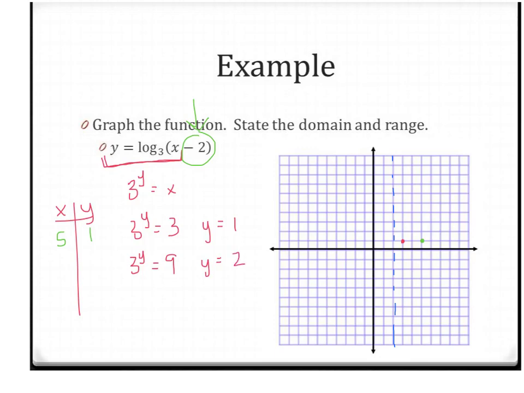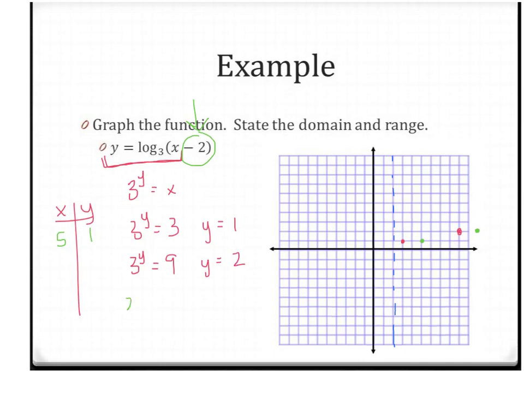And so notice I'm purposely picking points that are easier for me to figure out. So then that point would be 9, 2, in which case I'm going to shift that to the right 2 to be 11, 2. Okay, so what happens if I get closer to my asymptote here?